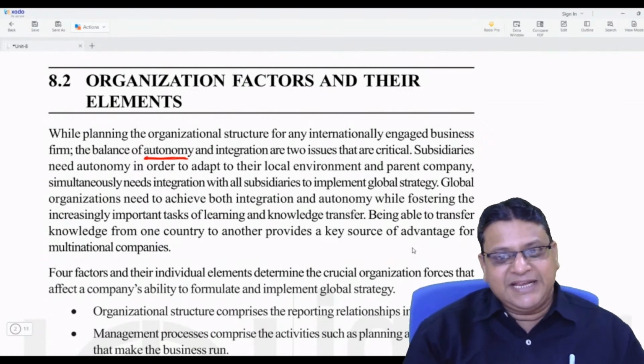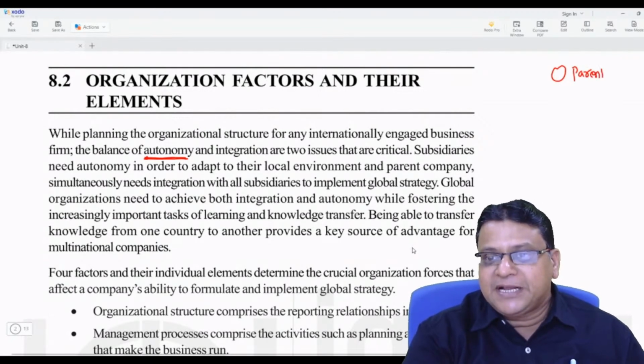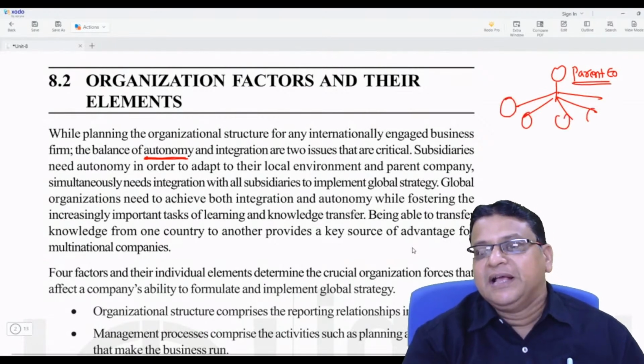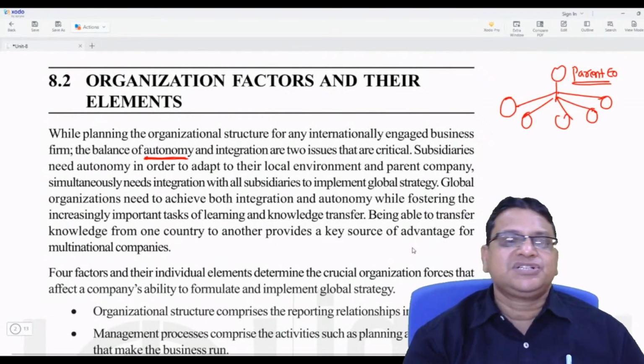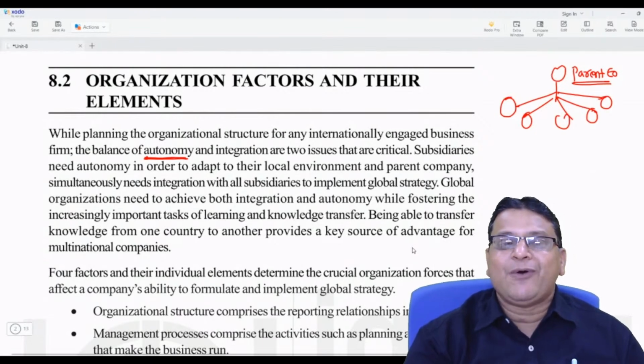So international businesses operate in the parent subsidiary model. The parent company has set up many subsidiary companies. So this is Pepsi USA and the subsidiary company is Pepsi India. The parent company holds and controls the subsidiary company. The subsidiary company always needs autonomy.